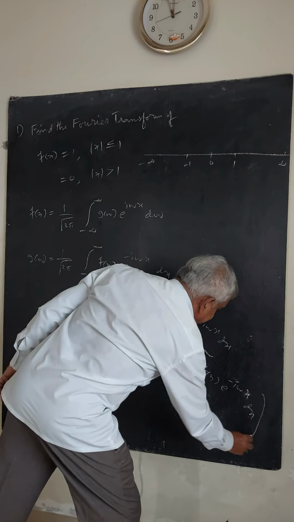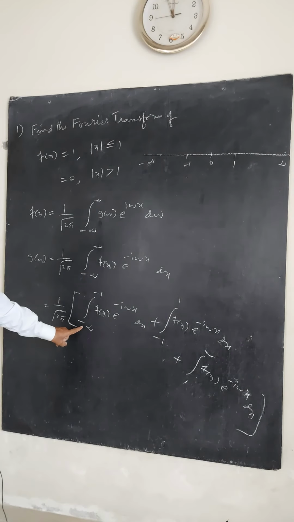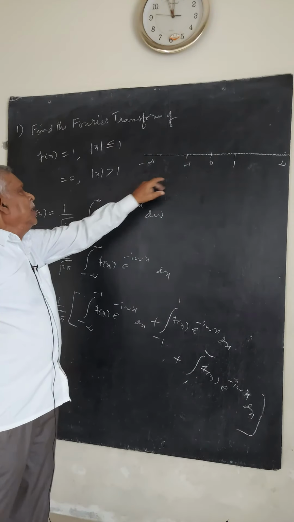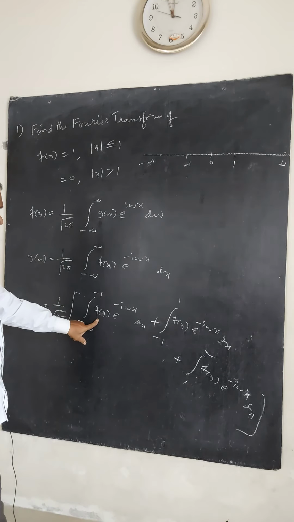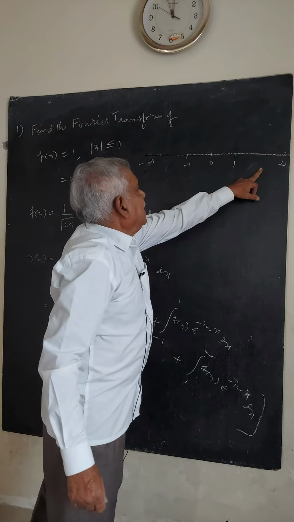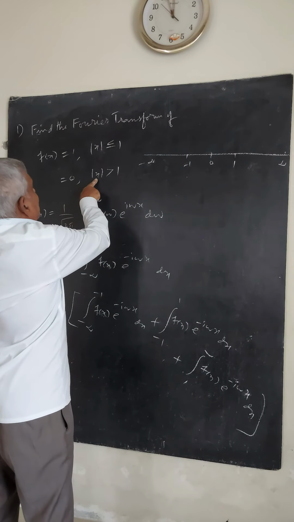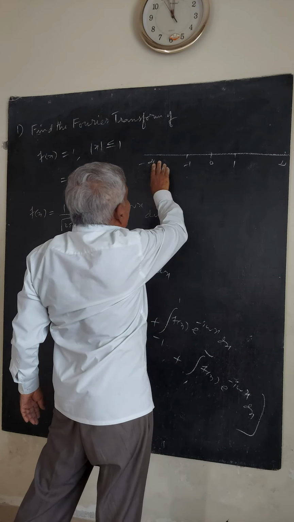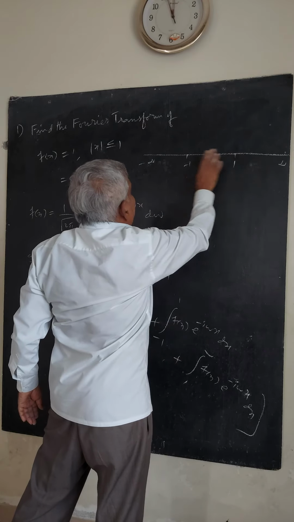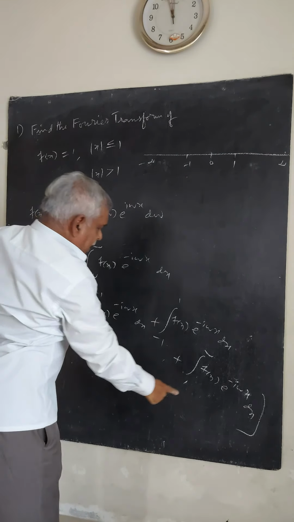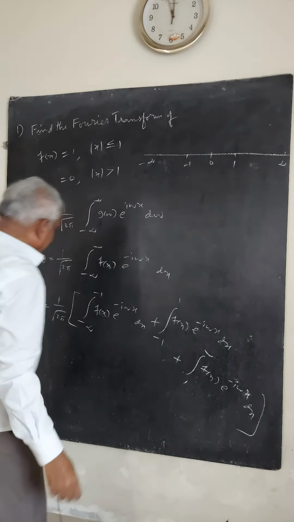Close the bracket. From minus infinity to minus 1, f of x is 0. For 1 to infinity too, for these two areas f of x is 0.